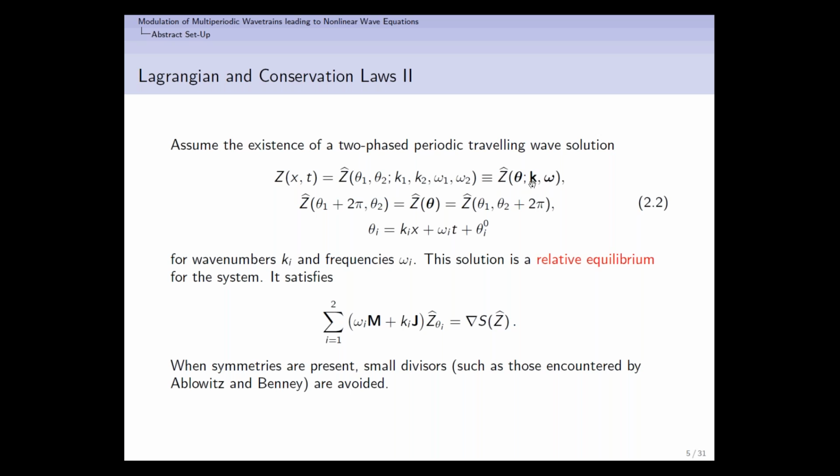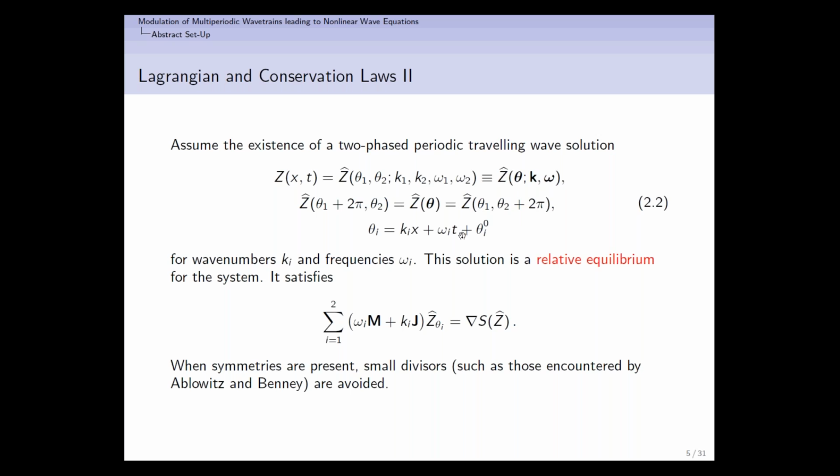So this is a vector of k1, k2, this is a vector of omega1, omega2, and this is a vector of θ1, θ2. For periodic waves, I'm going to assume that it's just periodic 2 pi. But one of the examples I'm going to consider later is going to be related to an affine symmetry, and so it's not going to be periodic. But all that means is that I'm changing the inner product that I consider.